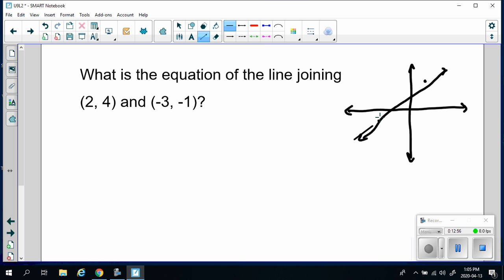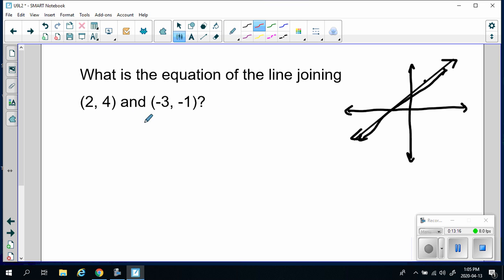Now, that may work if you have a ruler, but the y-intercept may not come out to a nice number. So then we're going to have to do some algebra. What if the y-intercept is actually a fraction? So I'm going to show you how to do this algebraically using the slope formula and solving for b.